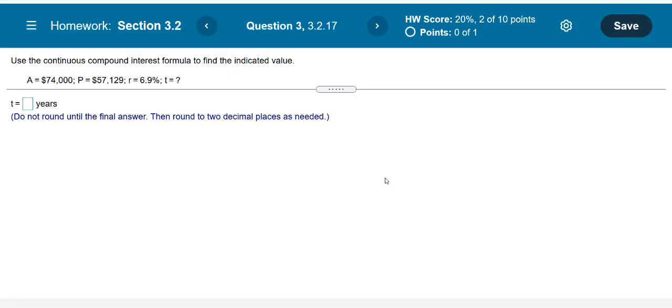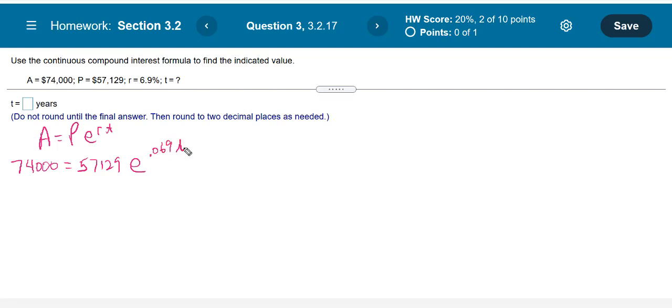So in this problem, we're trying to find the value of t in the continuous compound interest formula. Here's my formula. A is 74,000. P is 57,129. R is 0.069.